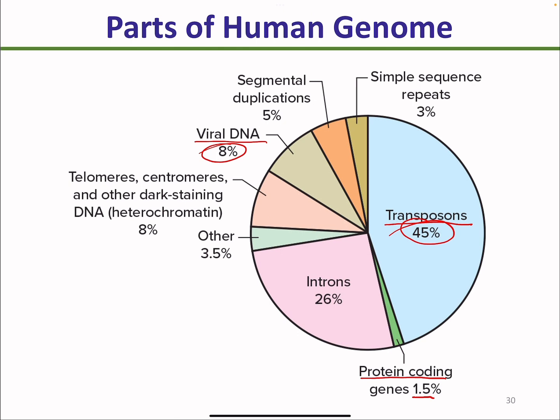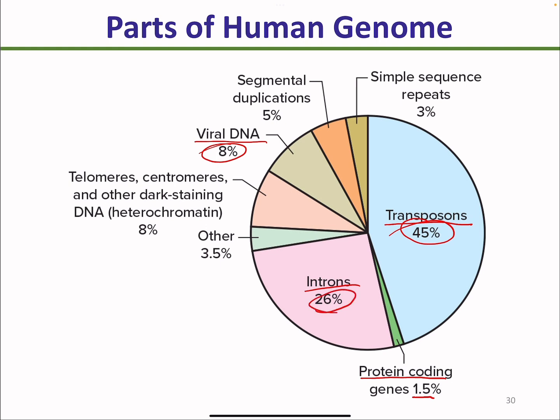You have some DNA that accounts for pseudogenes. These are pieces of DNA that look like genes, but they are actually not encoding proteins. We have introns, which represent 26%.